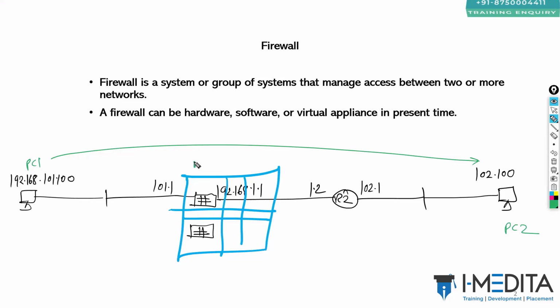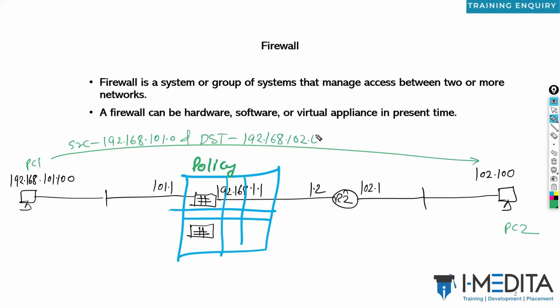We will define a policy: if source network is 192.168.101.0 and destination network is 102.0, then the action will be allowed. Now this firewall will allow network 101 to 102. Rest of the traffic will be denied here.